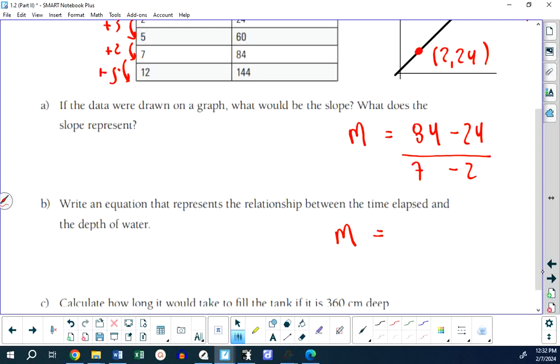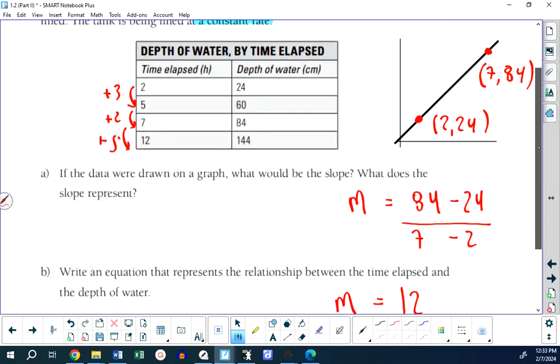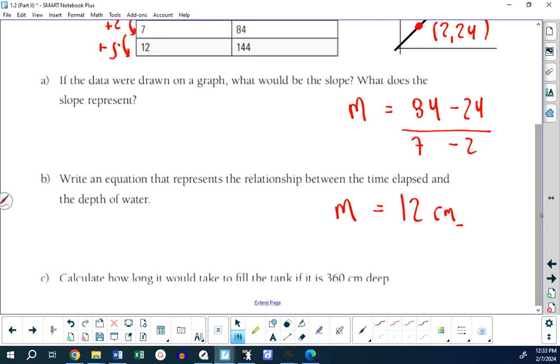You might have to, on your calculator, depending on your calculator, go 84 minus 24 equals and write down that number. And then 7 minus 2, which is 5, and then take whatever you got the first time divided by the 5. I'm just curious, so it works out to 12, and it's going to be centimeters per hour. I'm just curious because I know a lot of you have graphing calculators.